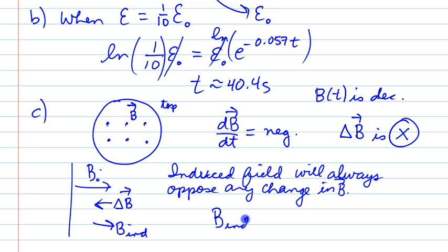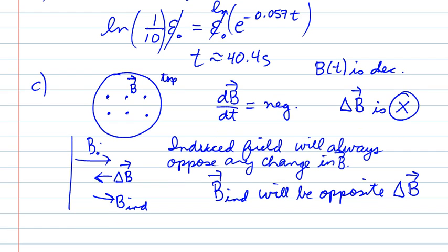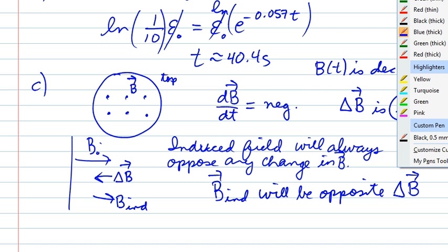So another way we can say this is that B induced will be opposite the change in the field. Now, to be fair, we should be talking about the flux, but in this case, because the flux is only determined by the value of the field, then I can simplify it.